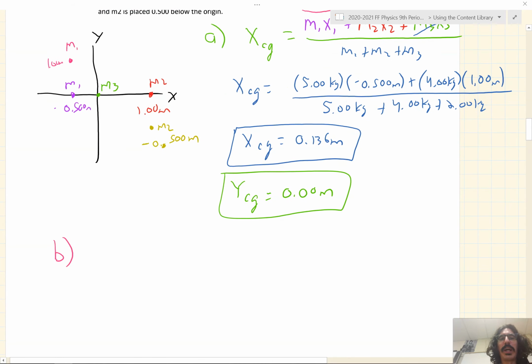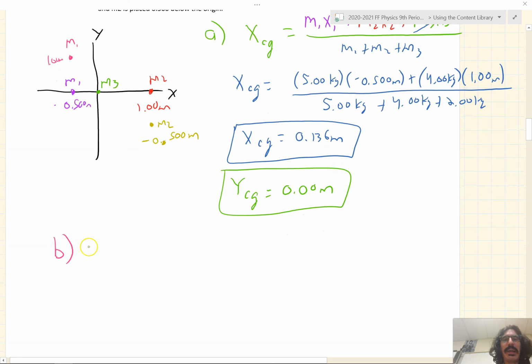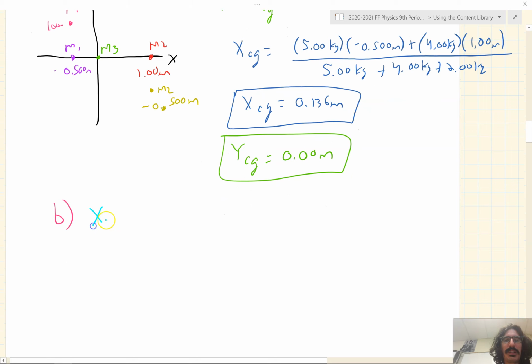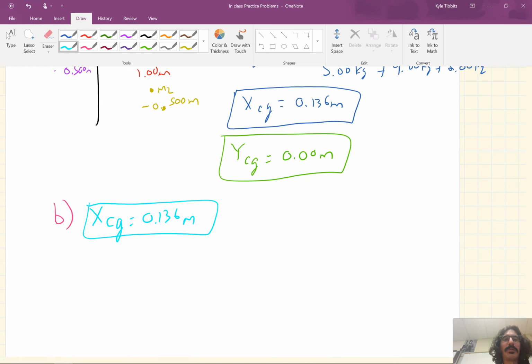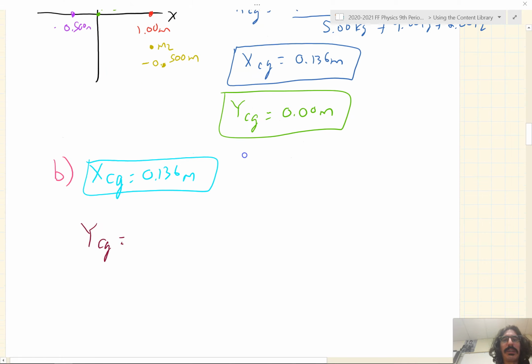The x center of gravity, because they did not move horizontally left or right, stays the same. So x center of gravity is still 0.136 meters. But now we can calculate the y center of gravity. Same formula except in the y direction.